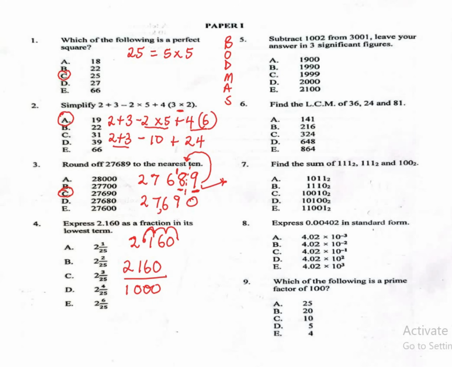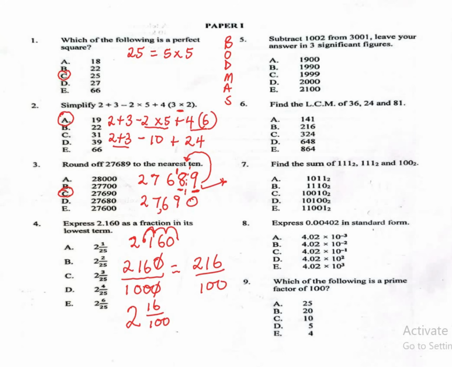All right, so we are going to cancel these zeros. Hold on, sorry. Let me pick the pen again. There's a 0 here. This 0 cancels this 0. So we have 216 divided by what? 100. 216 can be divided by 100 two times. 100 times 2 is 200. Remainder 16 over 100.